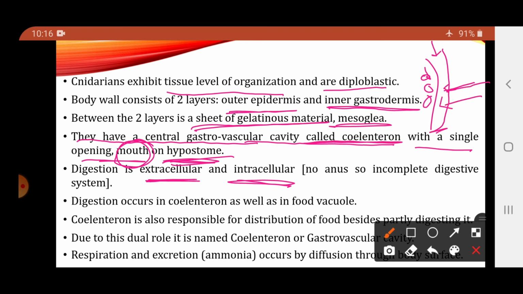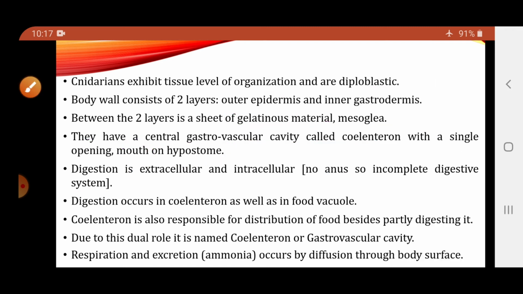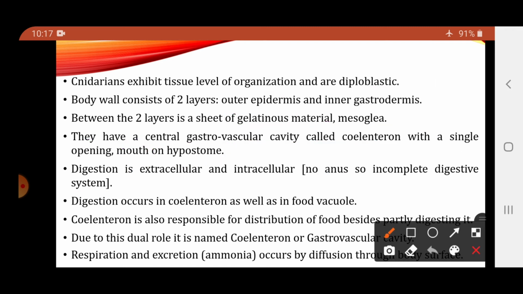Where there is a cavity, without cells, the food is digested in the cavity. So where digestion happens in the tube, in the lumen, in the cavity, we call it extracellular digestion. And where digestion occurs inside the cell, it is called intracellular digestion. Here, as there is no anus, only one opening, that is the mouth, the digestive system is called an incomplete digestive system. Now digestion occurs in the coelenteron, that is the gastrovascular cavity, as well as in the food vacuole, that is inside the cell.